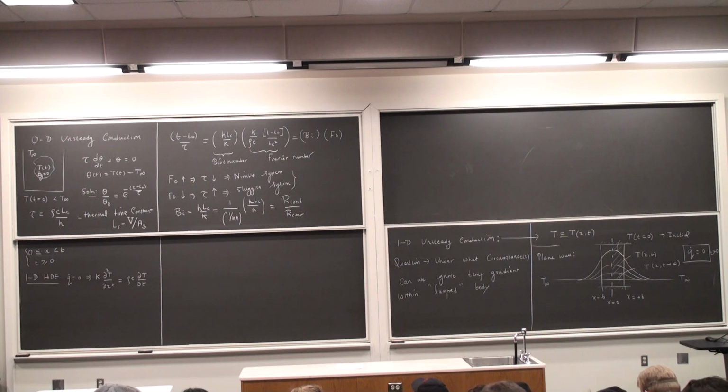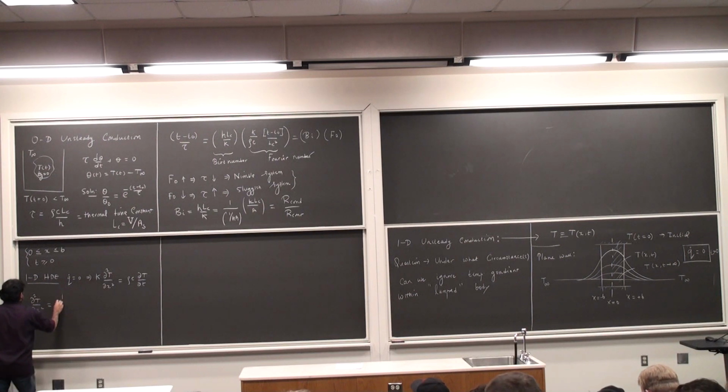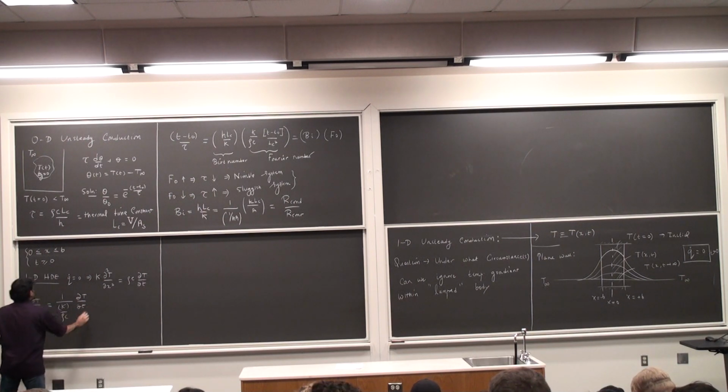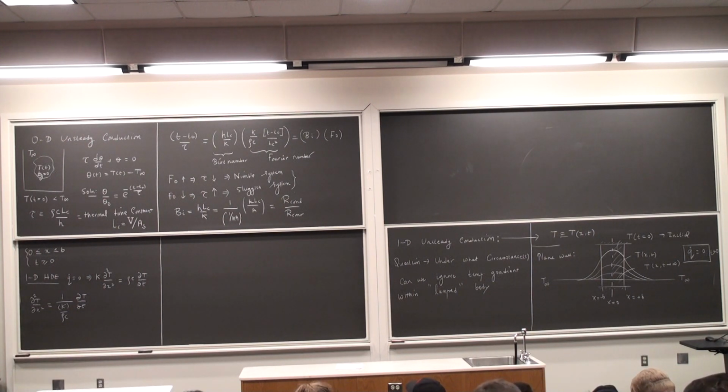I'm going to rearrange the terms. So d square T by dx square is rho C by K, or 1 by K by rho C, dT by dt.